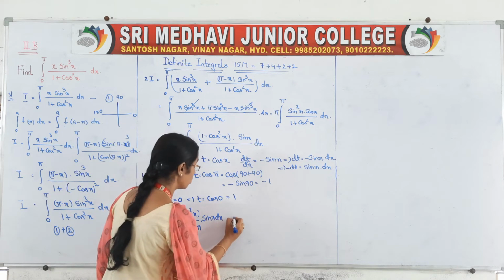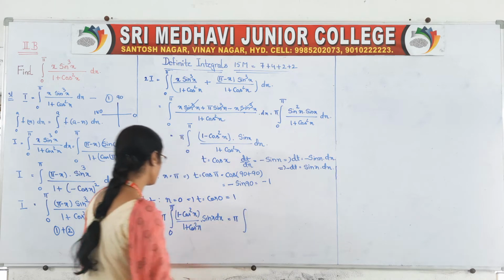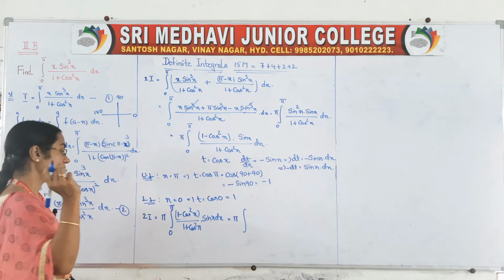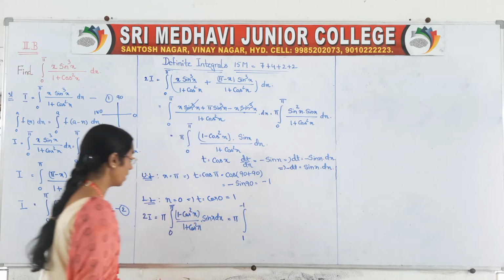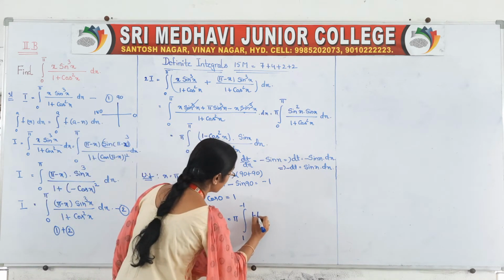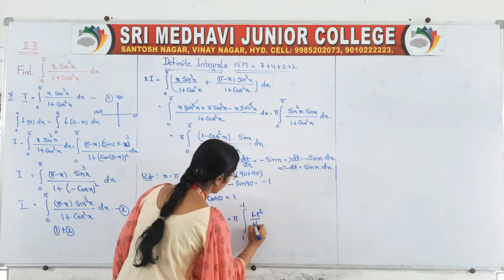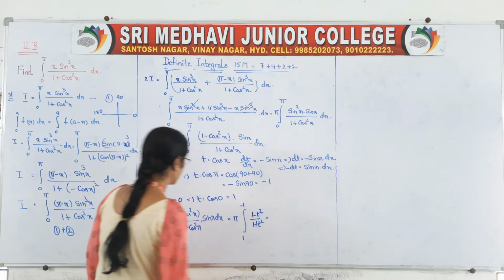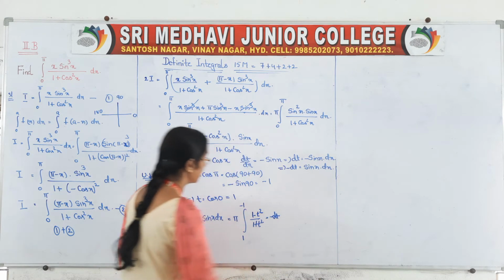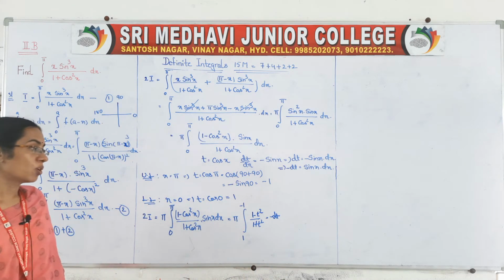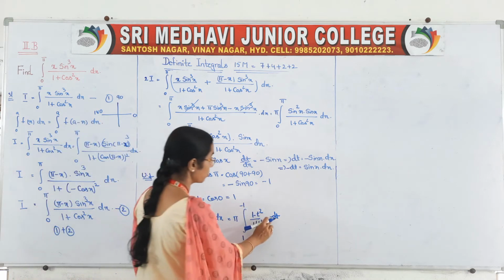So it is equal to pi into integral with the limits 1 to minus 1 of 1 minus t square by 1 plus t square, and sin x dx is minus dt. So we are having a minus value here.